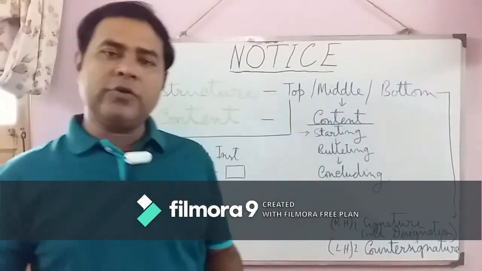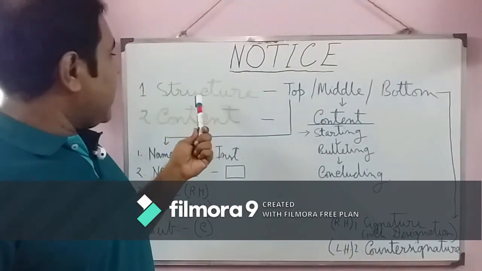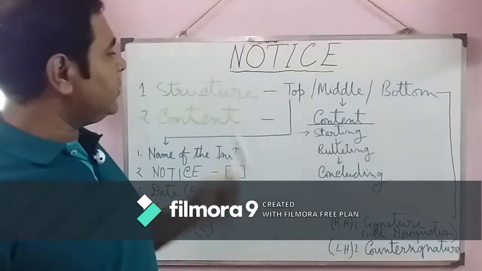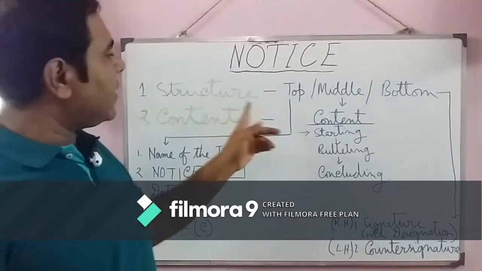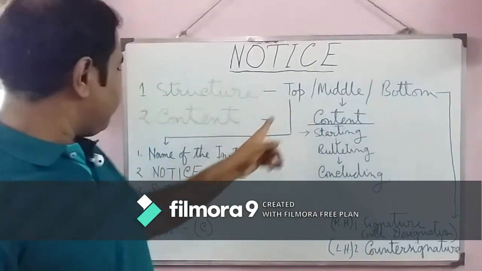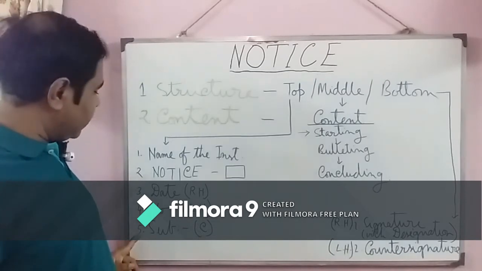A quick look at all the things we have discussed now. We actually focus on the structure and content for drafting a notice. The structure part comprises three things: top, middle and bottom. The top part comprises 5 things in its structure.